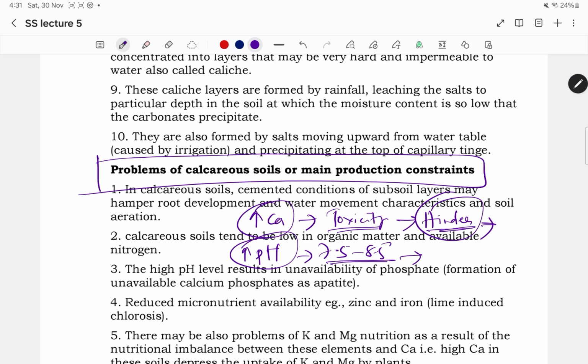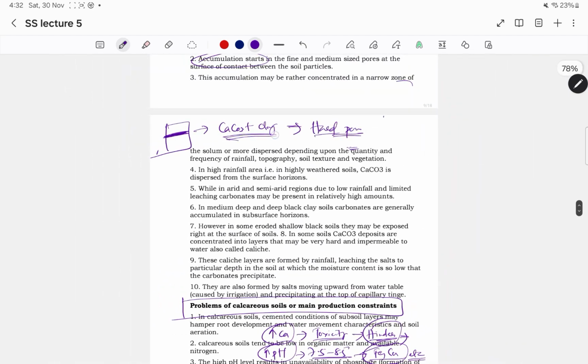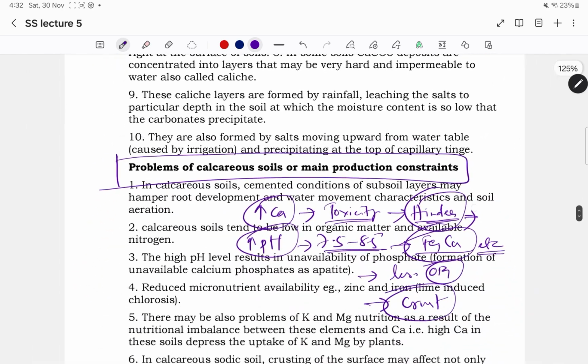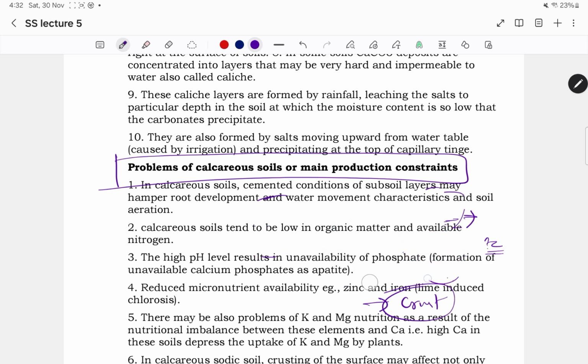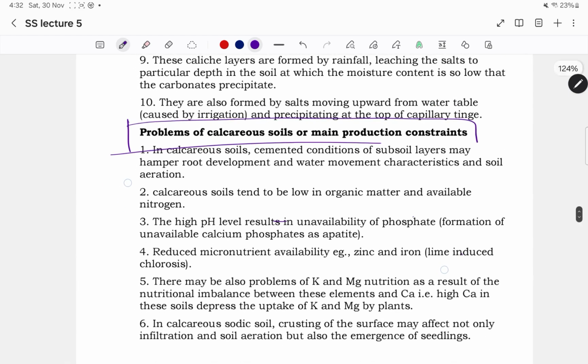This also reduces the absorption of other nutrients like iron, copper, etc. And these types of soils also have less organic matter, and there is also a formation of crust. As we have already discussed here, there is a formation of hardpan or crust. These are some of the problems associated with the calcareous soil. I advise you to go through the PDF once. This is the summary of this.